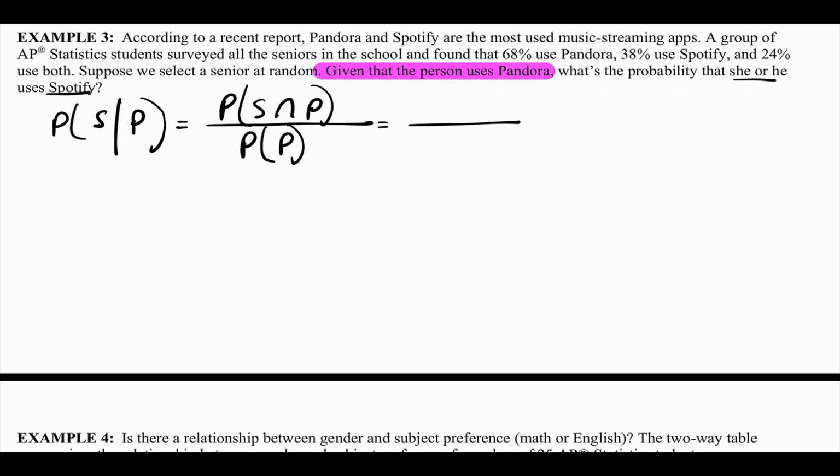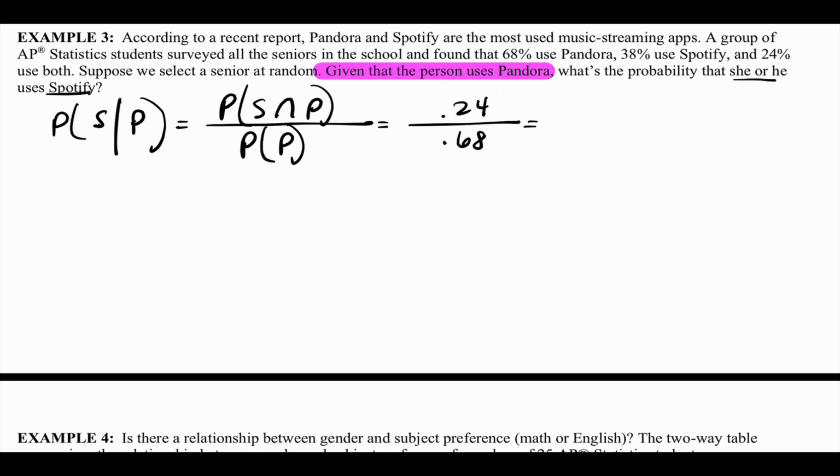Okay? So on top is the probability of Spotify and Pandora, which is 24. So we're going to change that to 0.24, over the probability of just Pandora, 68. We divide and round. Not on this formula.